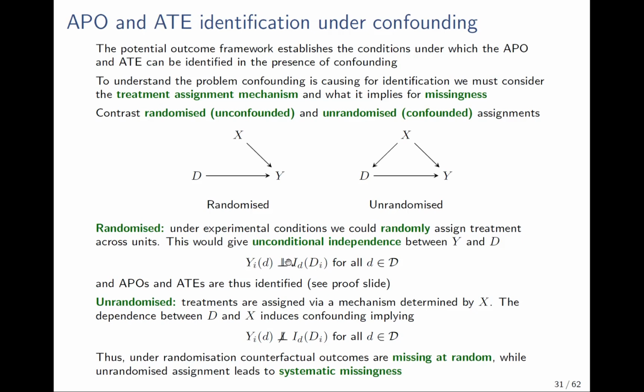What this is saying instead is that the treatment assignment itself, that is the mechanism that determines whether unit i gets assigned to treatment or control or to some level of the treatment, is independent of the outcomes that we observe. And the key to understanding this is the process of randomization. Now, it must be the case that treatment assignment and outcomes are independent as long as the treatment assignment mechanism is random.